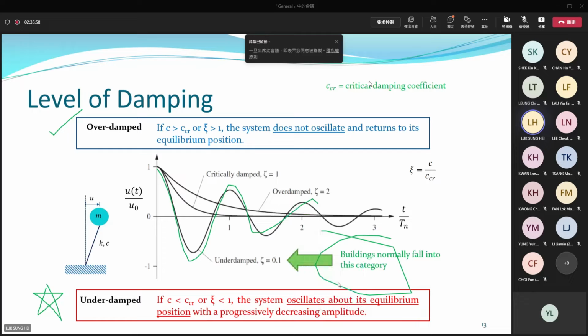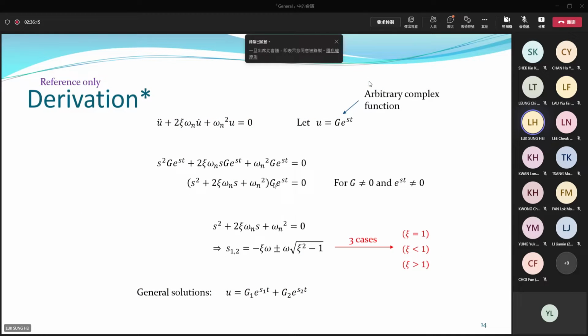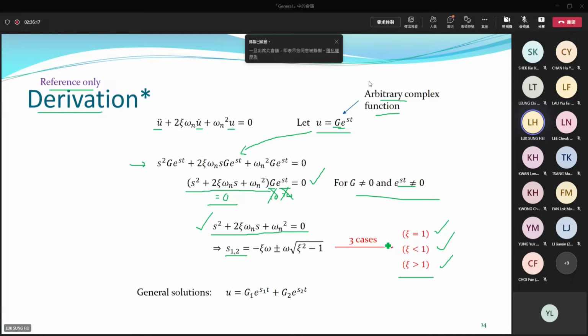Normally, I like this kind of picture more. You have underdamped, which means you have oscillations. Overdamped means there's no oscillation. The displacement decreases gradually and converges to rest. And critical means a very ideal scenario, the boundary. But again, you can prove this mathematically, 3 cases. For each case, you can find the corresponding displacement solution.